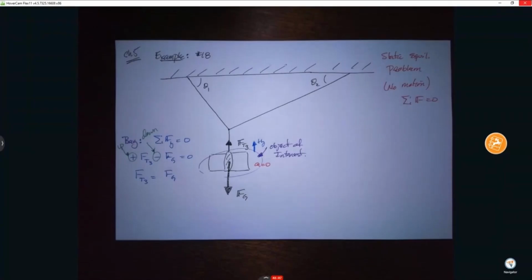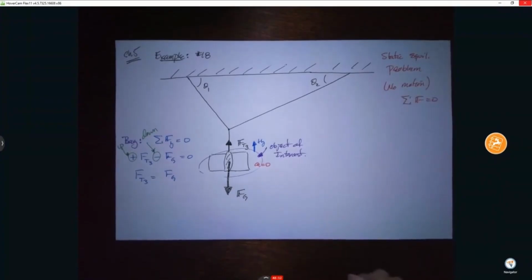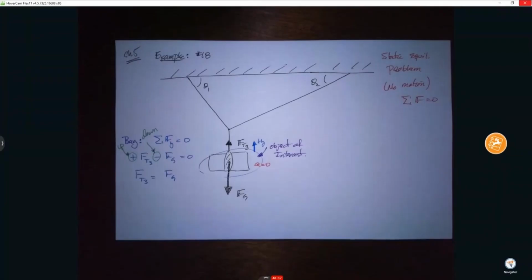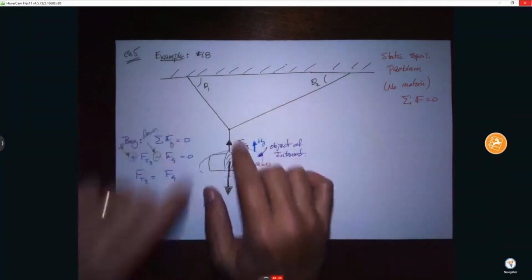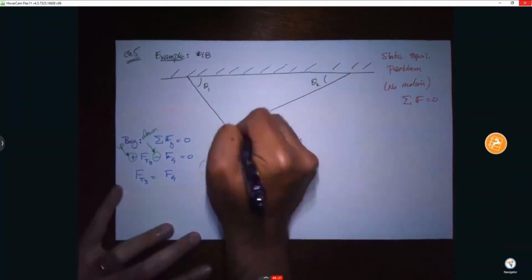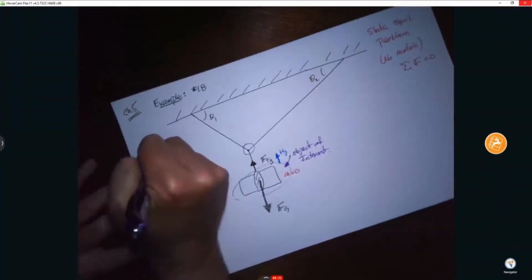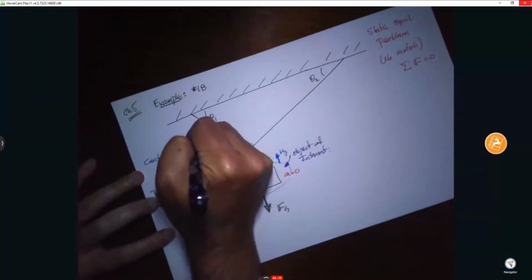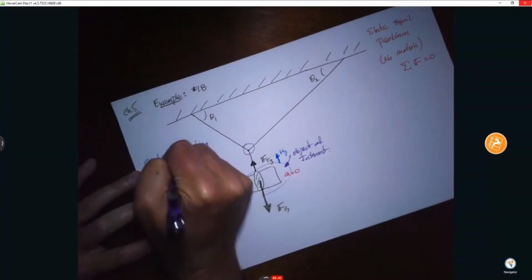And so what I always talk about in these problems is that when we're doing a static equilibrium problem, very often what we analyze is not the objects that have mass, but things like the central connecting object. And the thing that ties all of the strings together is essentially this knot, okay? And so what we'll do is look at this as our central connecting object.